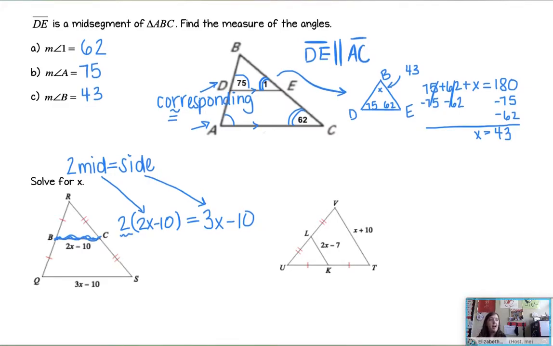Since I have a 2 out in front of the parentheses, we need to go ahead and distribute it on through. So 2 times 2x is 4x. I have a minus sign in the middle. 2 times 10 is 20. And then we still have that 3x minus 10 over on the right.